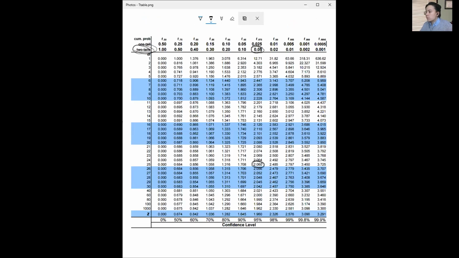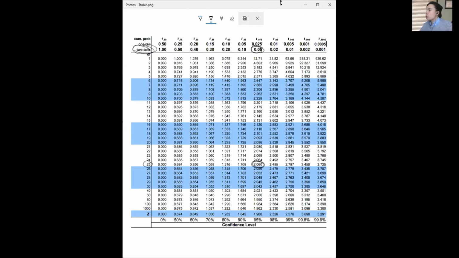So again, what we need to do is determine if we have a one-tailed test, so if we're just looking at larger than or smaller than, or if we have a two-tailed test, so that means just looking at difference. And in this case, we're just looking for whether the length in the middle fingers is different between both sexes. And now we look at 0.05, the level of significance, on that two-tailed row over here. And the row that we're going to look at corresponds to the degrees of freedom, which is 25.